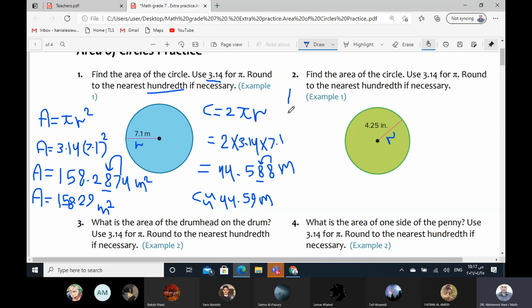So start from the formula: A equals pi r squared. So pi equals 3.14 times 4.25 squared.